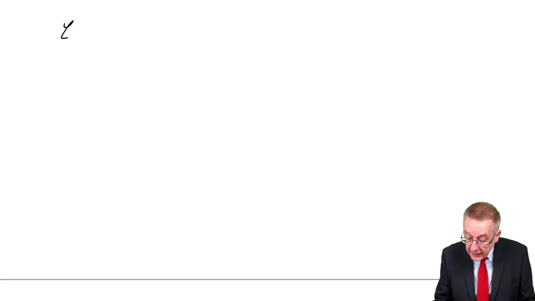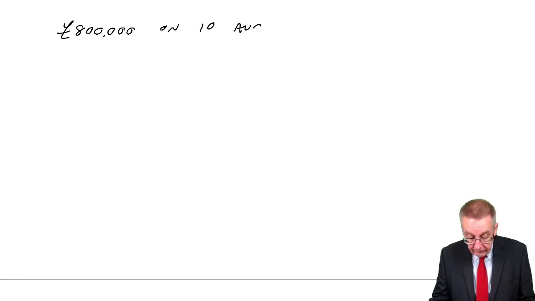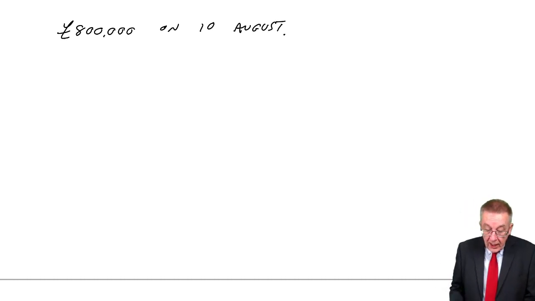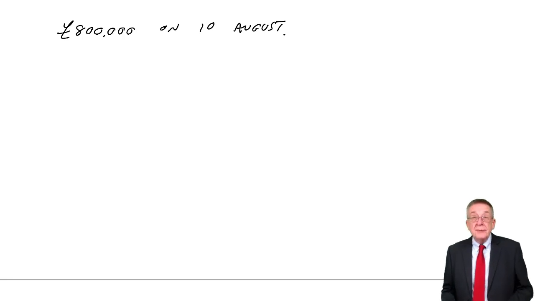R is in the US, so appreciate here, our company is in America, they deal in dollars. However they're trading abroad, we need £800,000 on the 10th of August. Today, if you look further down, it's the 12th of June.